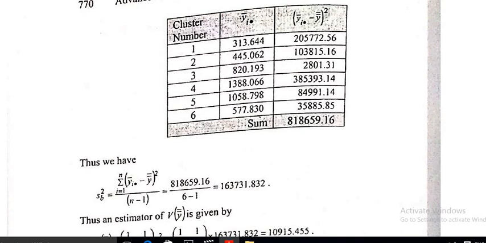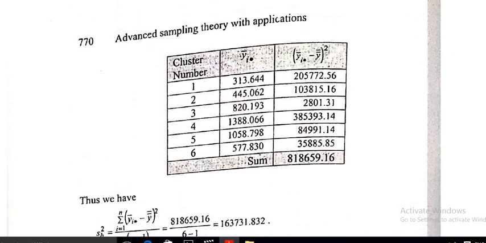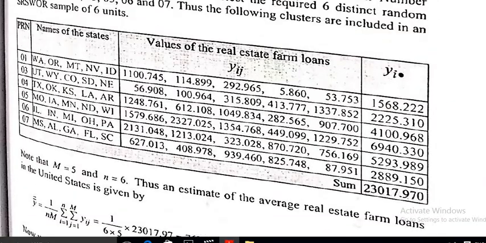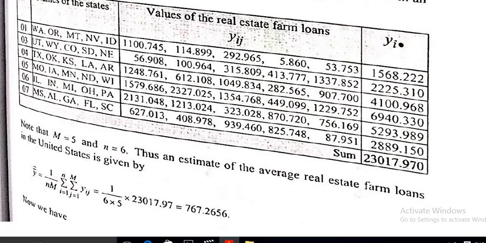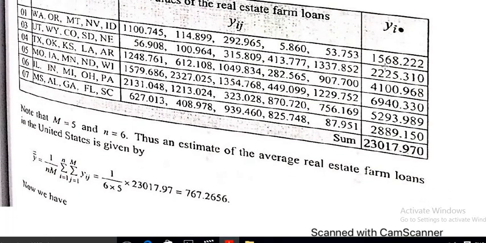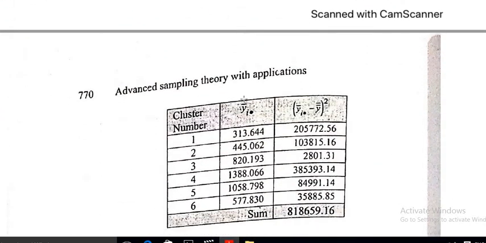After taking the deviations from cluster means of each observation and taking squares, we have the observations here, and yi dot bar is the mean of the observations in the first cluster, second cluster, third cluster. These are the totals divided by 5. It will become 313.64.